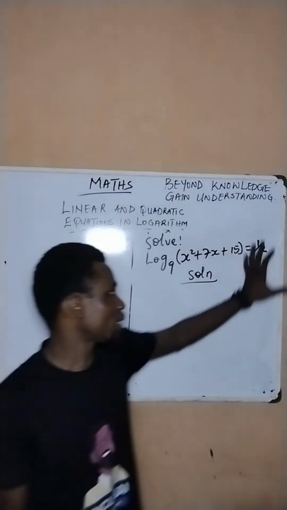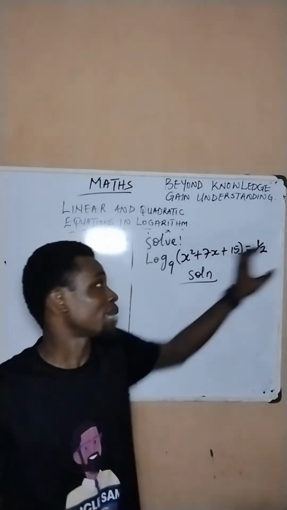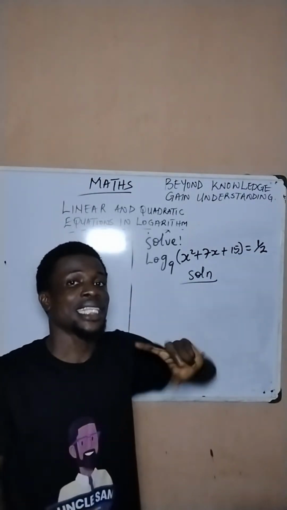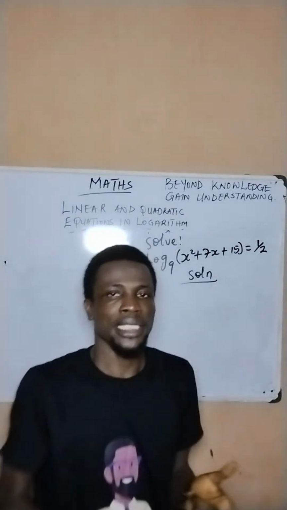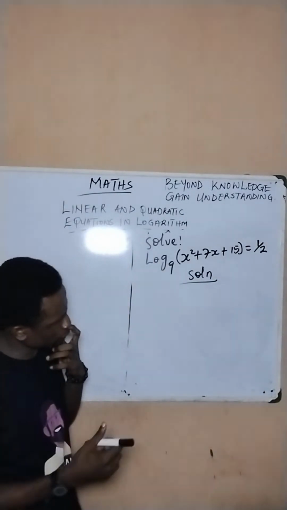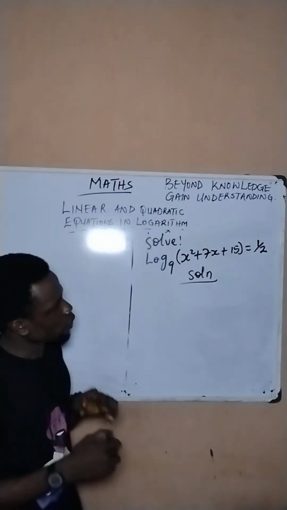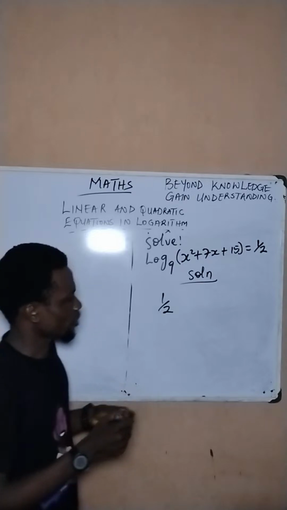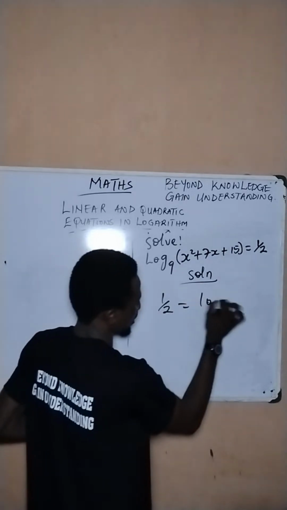Well, I can start by doing something to this right hand side because the left is already set. So I need to find a way to express this 1 over 2 in terms of a logarithm where the base is 9 and then the log of something. How do I express 1 over 2 in terms of base 9?